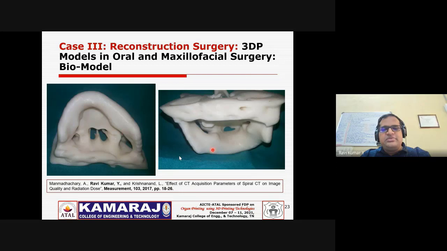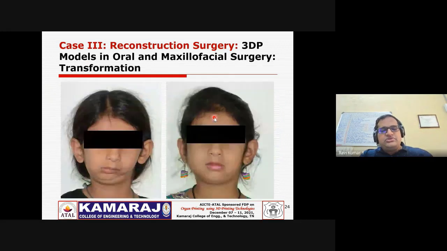All that will be calculated based on this model that you have supplied to the doctor. Then they will come out with the distractor and use it during the surgery.